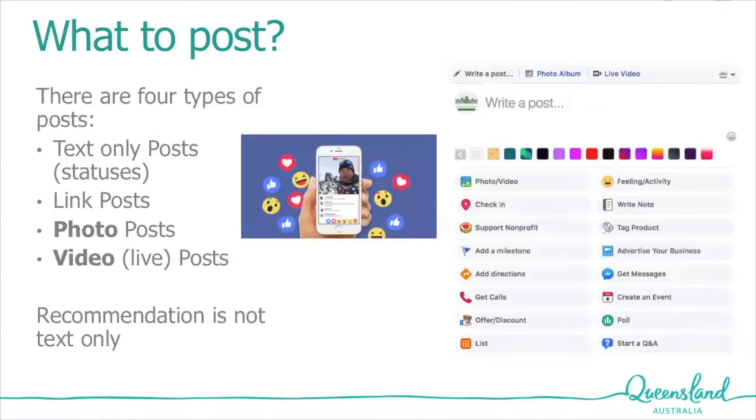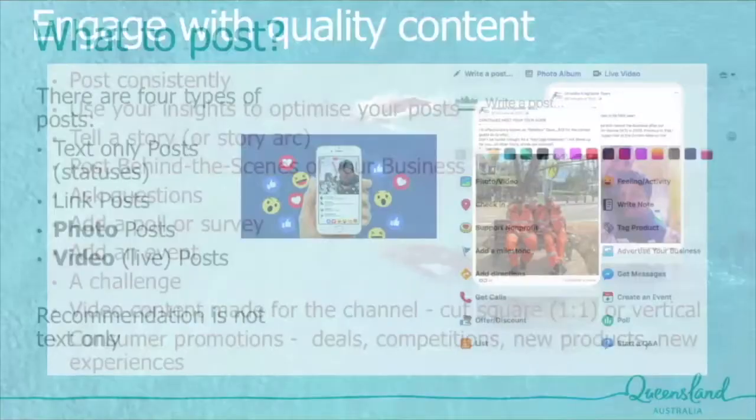So you will see when you have a look at your insights that when you post a video, it tends to do better. And that's because video is more engaging. Video tells a story much more easily. And so you definitely need to be including video in your marketing today, but also definitely on Facebook as well.